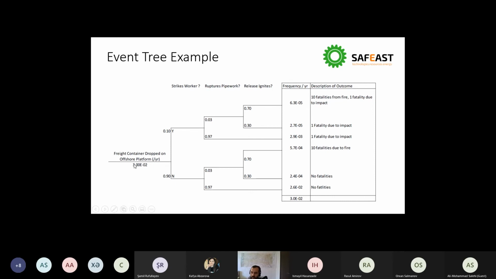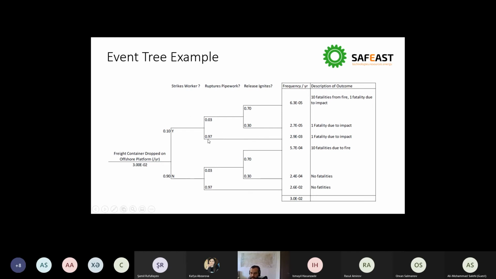And then based on that, you do math like 0.03 times 0.1 times 0.03 times 0.7. So basically if this top event happens, with the frequency of 6.3 times 10 to the minus 5, it will result in 10 fatalities from fire and 1 fatality due to impact, the actual strike of the worker. And 1 fatality if it's not ignited, 1 fatality due to impact because it's not ignited.